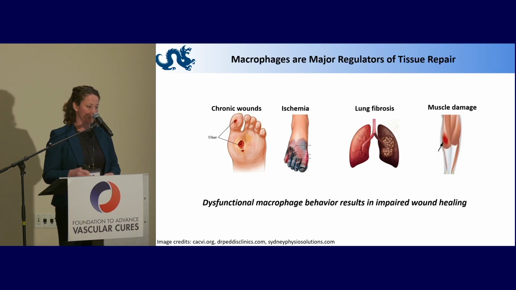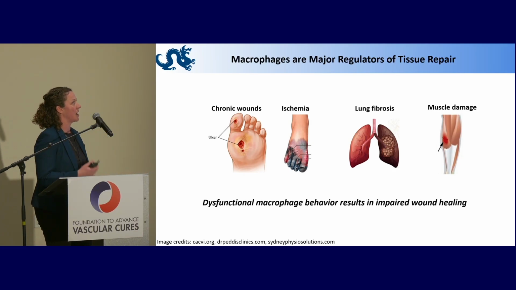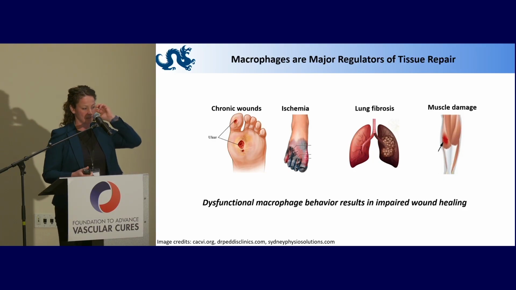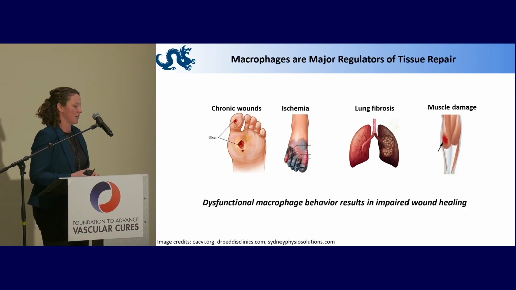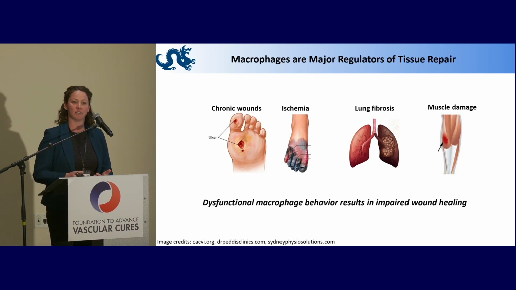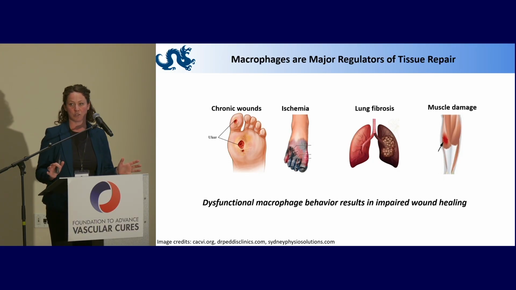So while there are a lot of people taking different approaches to increase accessibility of these advanced therapeutics, I'm taking an approach from what my training was, which was engineering innovations. So first of all, I focus on macrophages in my lab because they're major regulators of tissue repair, and they control all of the other cells involved in tissue repair in every tissue in your body.